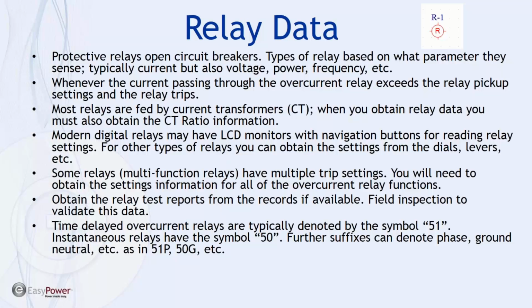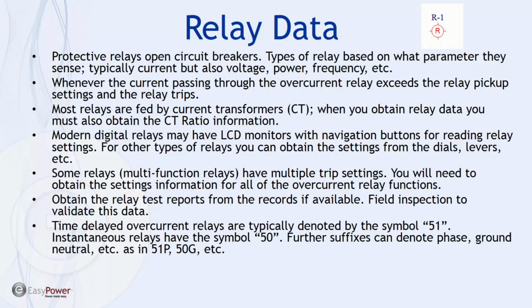Modern relays may have LCD displays that indicate what the trip settings are, and others may have switches or dials to set these, all of which can be recorded as you're taking your data.